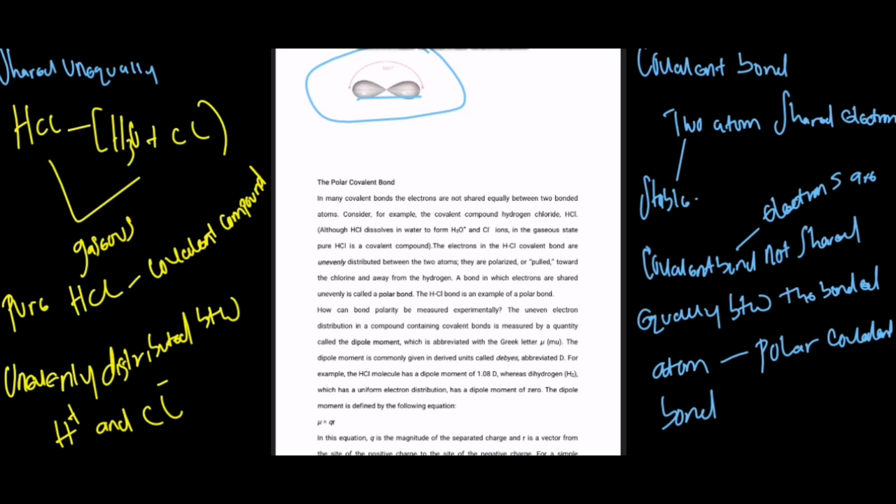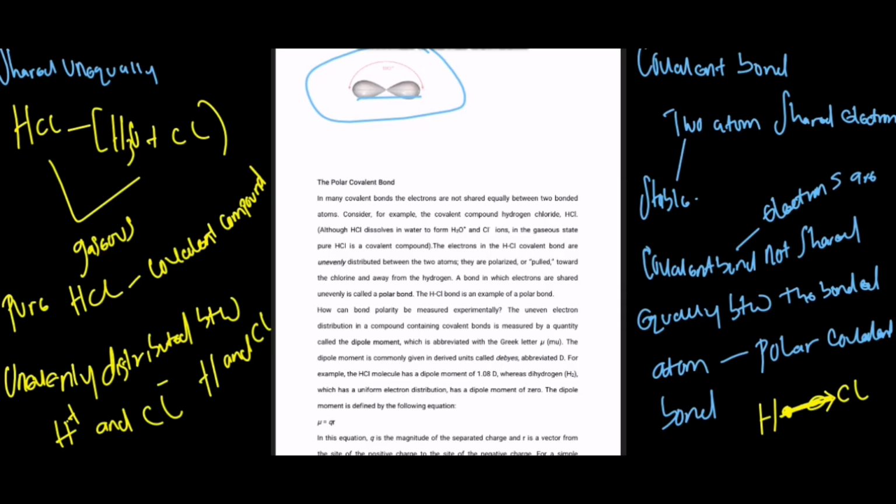This is the bond between hydrogen and chlorine. The bond is pulled towards the chlorine side and away from the hydrogen side. This means that the bond is polarized.